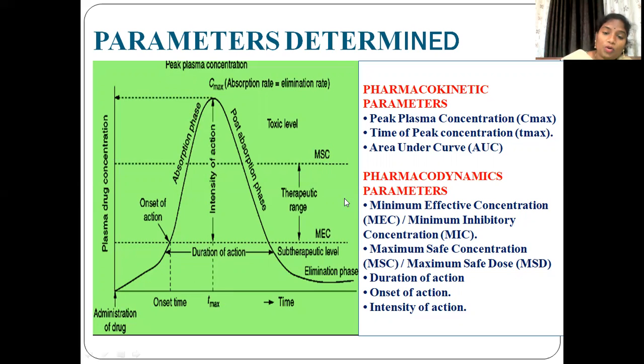Okay, and the pharmacodynamic parameter is the minimum effective concentration. See, this is the minimum effective concentration. We also call it the minimum inhibitory concentration. When we administer antibiotics, to show minimum inhibition of the microorganism, the concentration we need to inhibit the microorganisms is called the minimum inhibitory concentration.